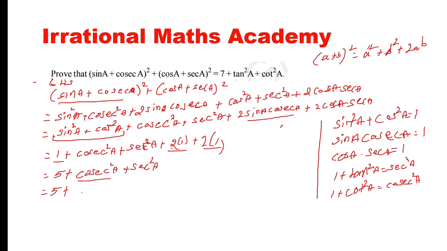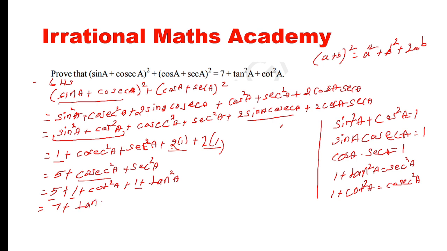So cosecant square means what can I write here? 1 plus cot square A, plus secant square means 1 plus tan square A. If you observe here, 5 plus 1 plus 1 becomes 7.